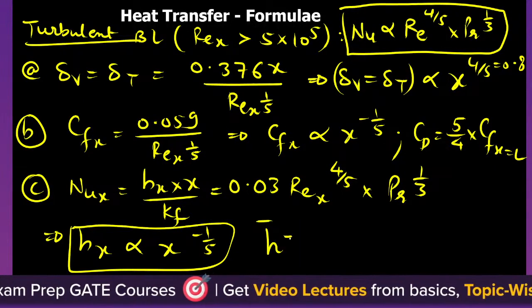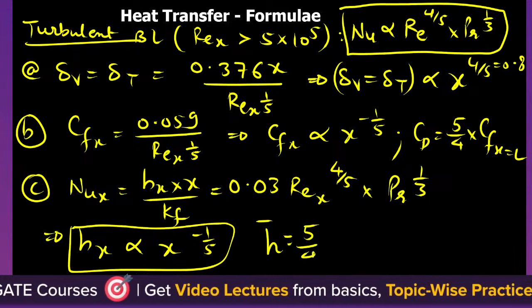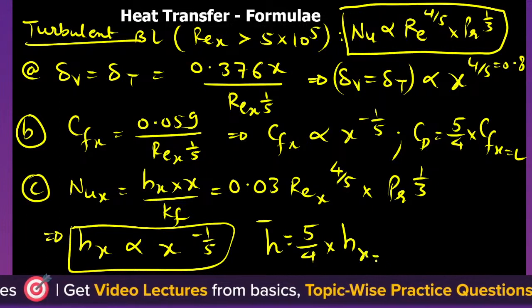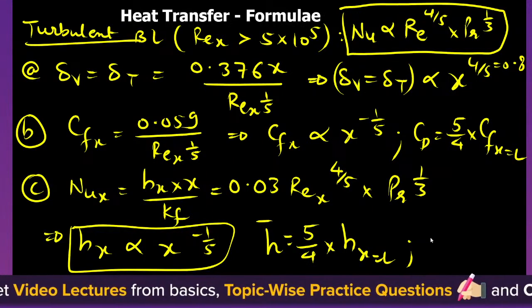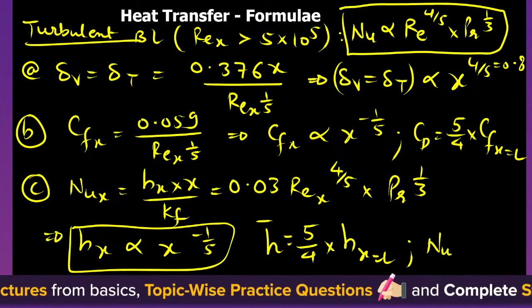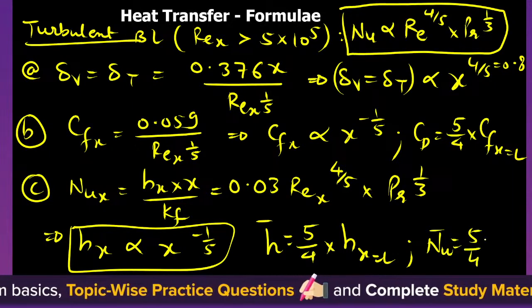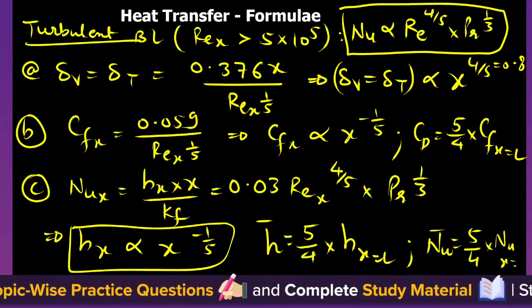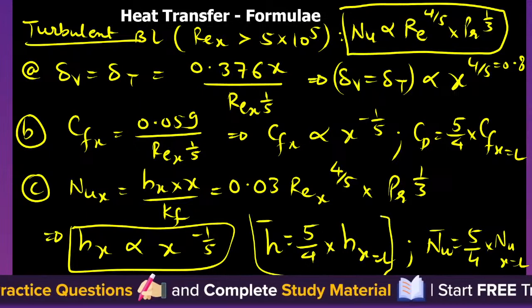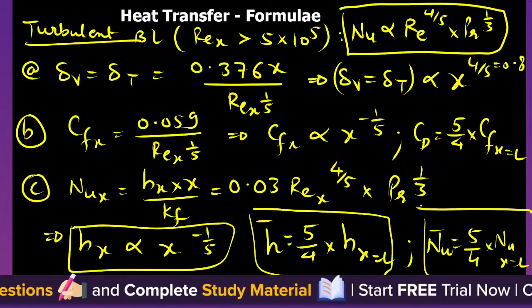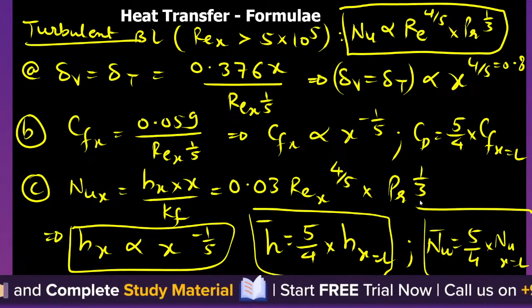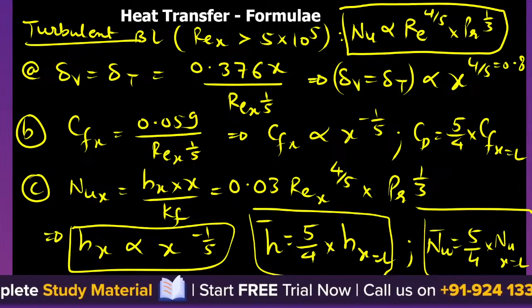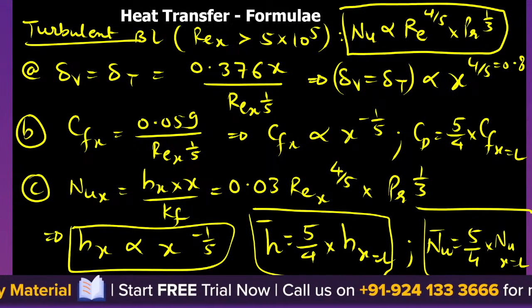And H bar, average convective heat transfer coefficient, is 5 by 4 into H at x is equal to L. Similarly, average Nusselt number is equal to 5 by 4 into Nusselt number at x is equal to L. These are the formulas for turbulent boundary layer over a flat plate.